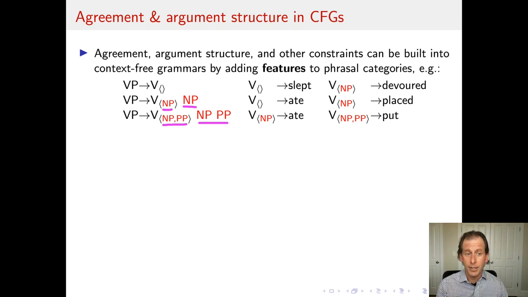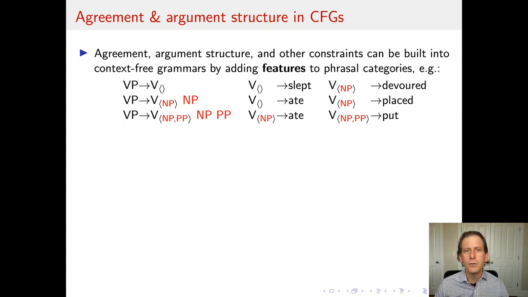It can't have a direct object. We have a transitive verb usage, V with the little brackets NP annotated on it. And then we have a very unusual one, V, that requires an NP and a PP. So now we have these 3, and we haven't created more VP rewrite rules, but we have just changed the V labels and created more V categories.